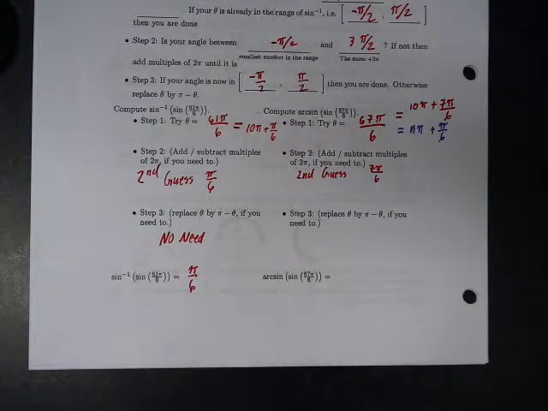But is this angle 7 pi over 6? Is it between negative pi over 2 and pi over 2? No. So we need to reflect it over the y-axis. And when we reflect it over the y-axis, we'll replace 7 pi over 6 with pi minus 7 pi over 6.